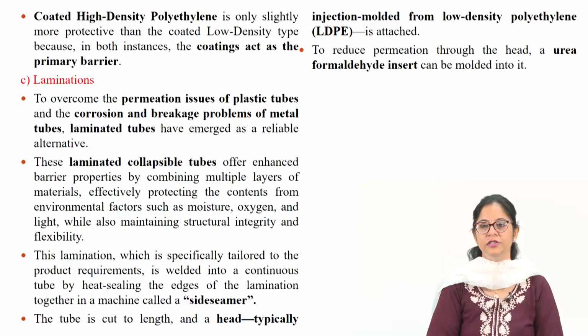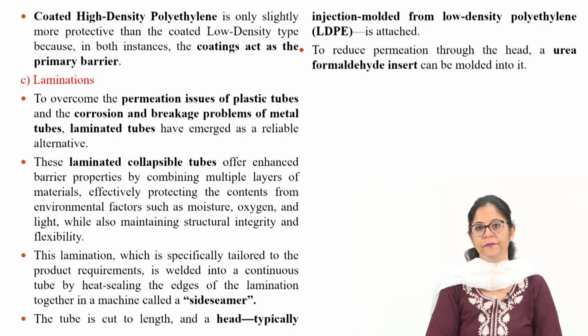This lamination, which is specifically tailored to the product requirements, is welded into a continuous tube by heat sealing the edges of the lamination together in a machine called a side seamer. The tube is cut to length and the head, typically injection molded from low density polyethylene, is attached. To reduce permeation from the head, a urea formaldehyde insert can also be molded into it.